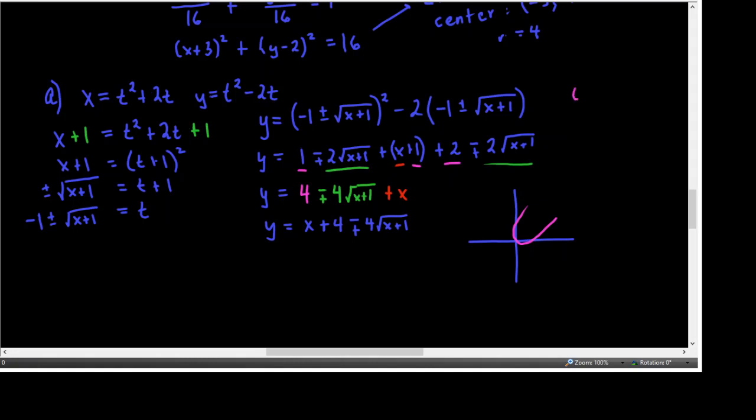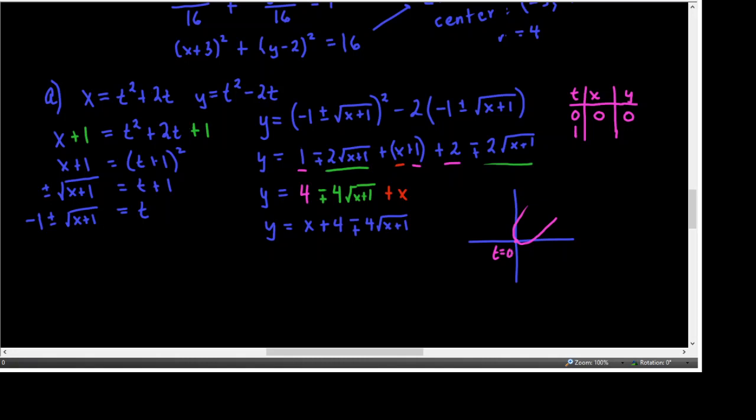If I say let t be something easy, like 0, and then 1, what would x be, and what would y be? Okay, so I want to find both of them this time. Okay, when t is 0, x will be 0. When t is 0, y will be 0. So we're right here at the origin at t equals 0.